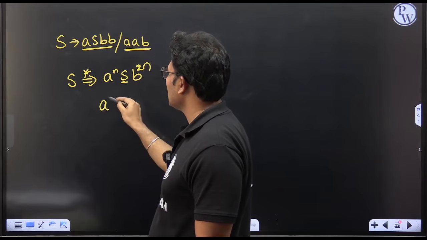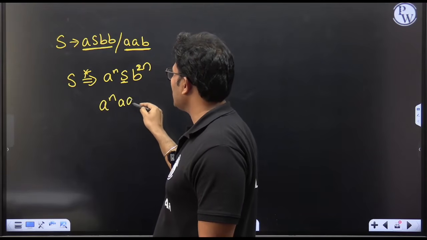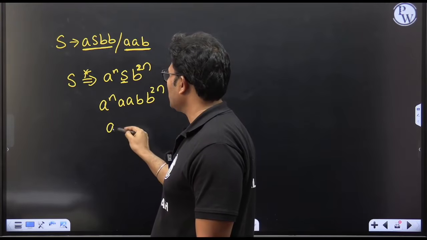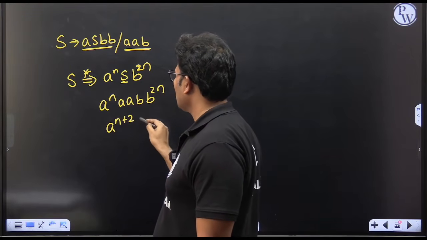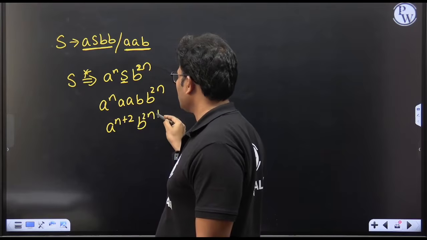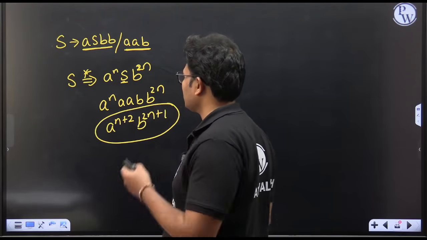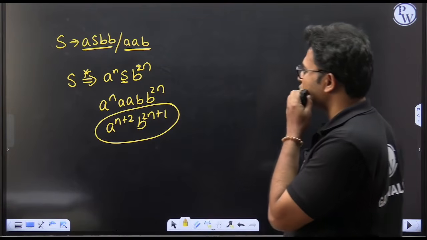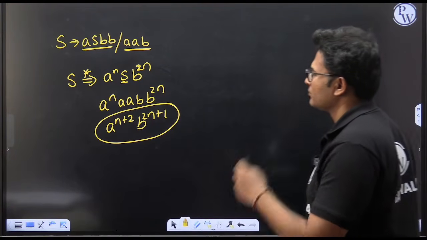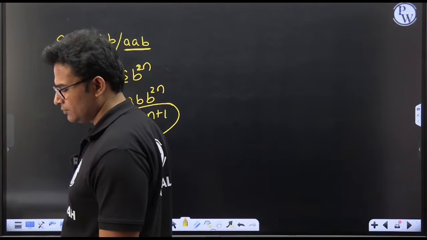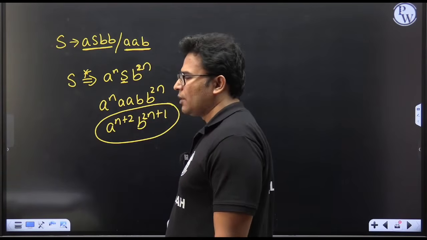Therefore it is a power n, aab, b power 2n. So it is going to be a power n plus 2, b power 2n plus 1.